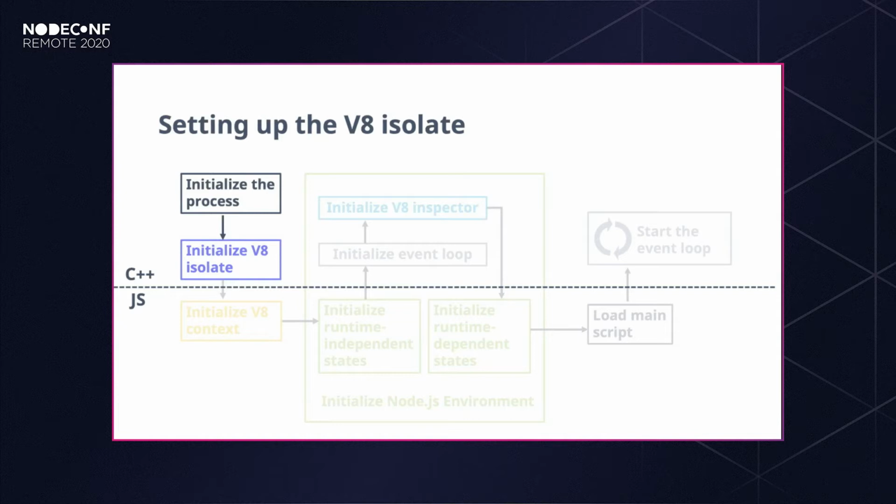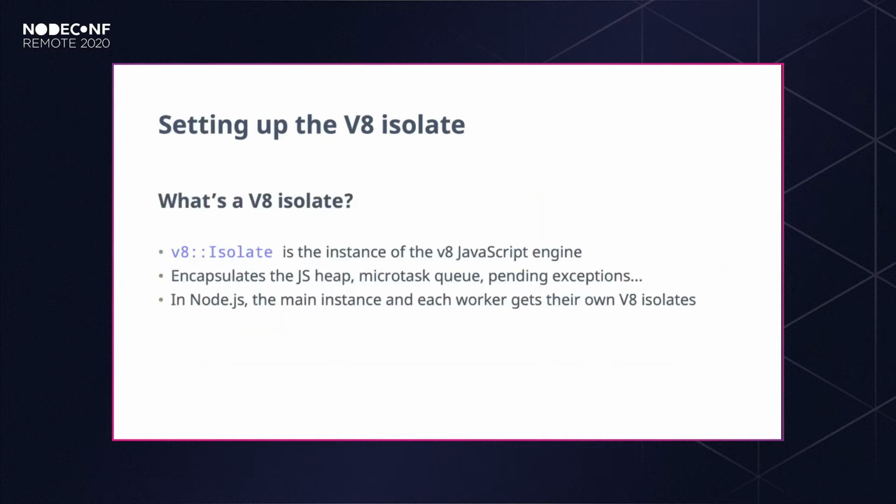Then we move on to set up a V8 isolate. For people who aren't familiar with the embedder interface of the V8 JavaScript engine, V8 isolates are the instances of the V8 engine. It encapsulates, for example, a JavaScript heap, a microtask queue, pending exceptions, and so on.